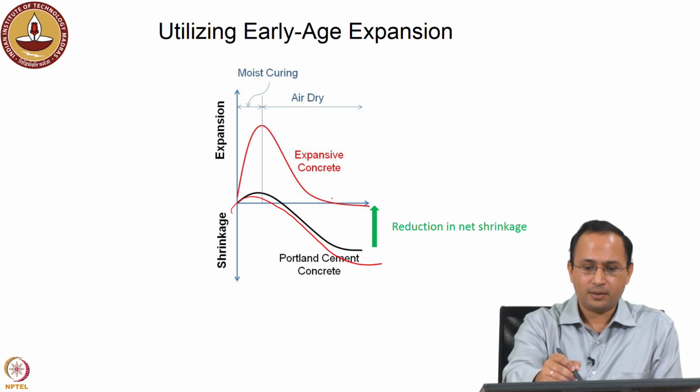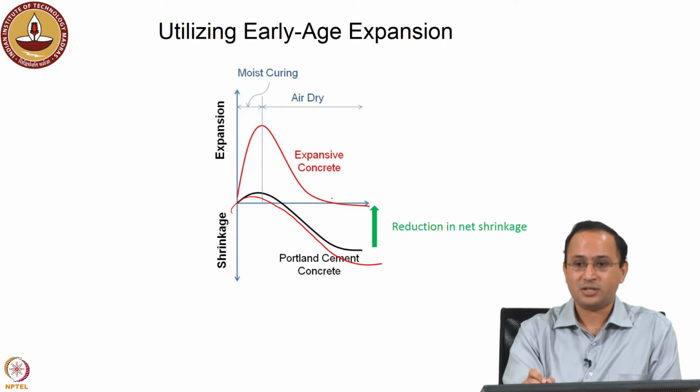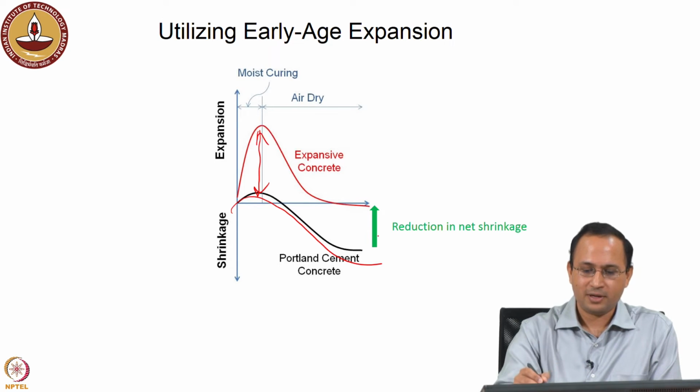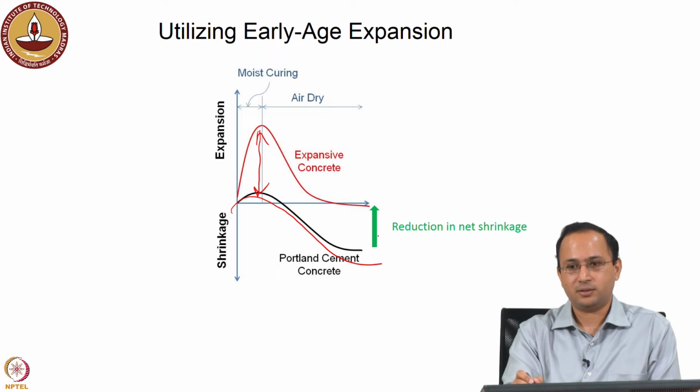But in the expansive system based on CSA, because of this expansion at early age, we are basically reducing the net shrinkage, right. So, there is a reduction in net shrinkage when you use CSA cement as an expansive agent.